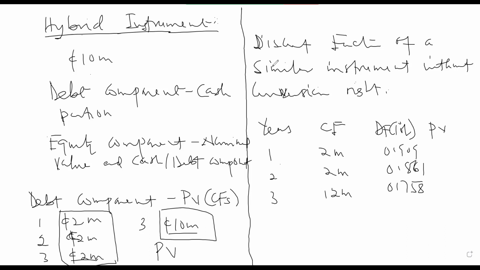But if you can't do it one by one, you can use what we call annuity, because you can see that the person is going to pay 2 million each year for 3 years. An annuity is an equal amount paid at the end of every year. So you can use annuity, years 1 to 3, before you do the present value of the redemption value. But what is the 2 million?